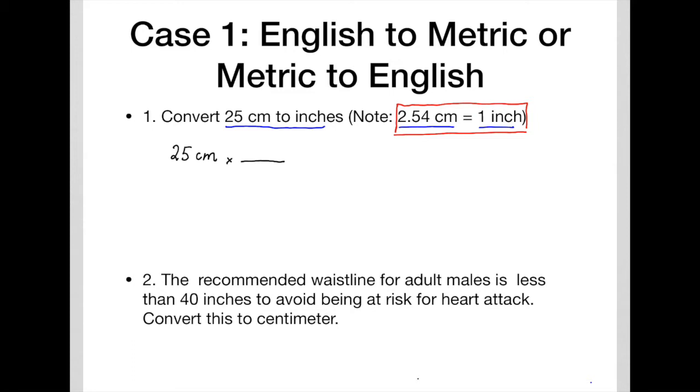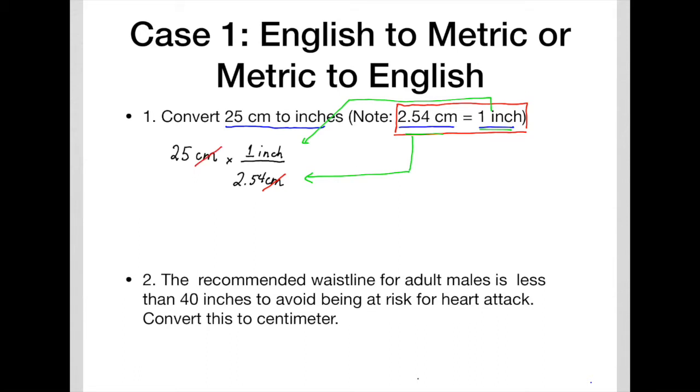So, 2.54 centimeter will be placed here at the bottom, and my 1 inch will be on top. Okay, so I will write it now. Therefore, 2.54 centimeter, and then 1 inch is on top. As you can see, I can now cancel centimeter units.